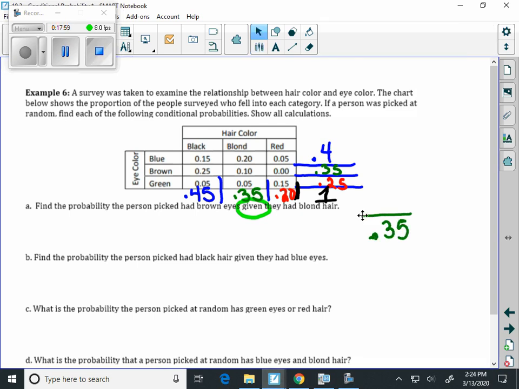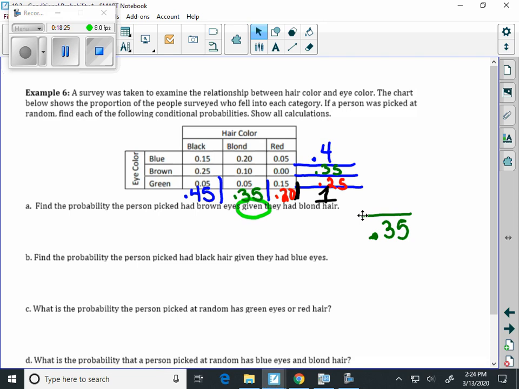And then when we get the top of this, remember it's an and. And what we do with the table when we're looking for and. So find the probability that the person had brown eyes given that they had blonde hair. We're going to go to the blonde hair column and the brown eyes row, and we're going to move our fingers until we find them intersecting.